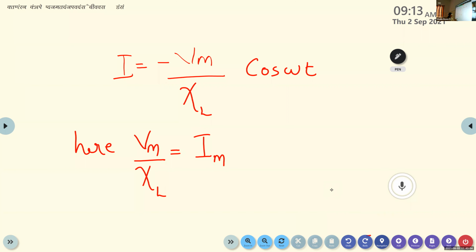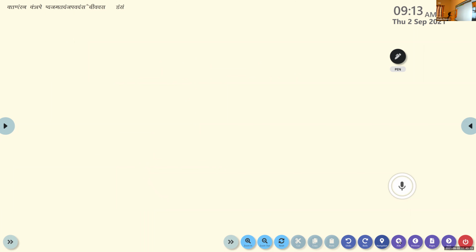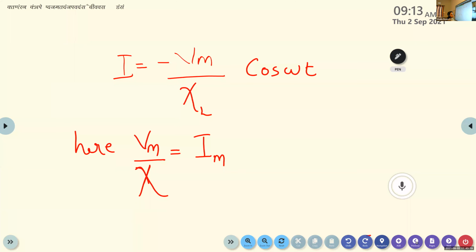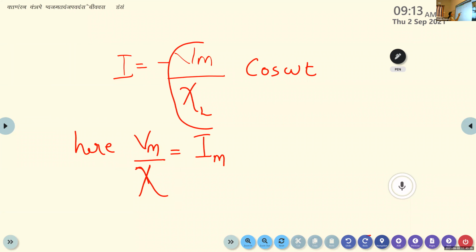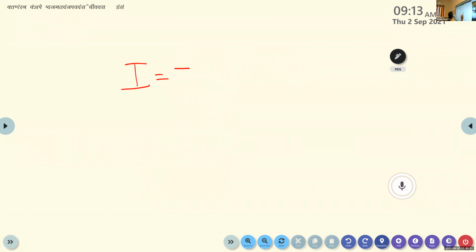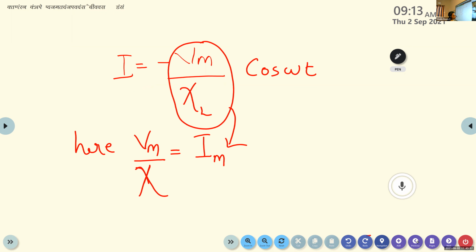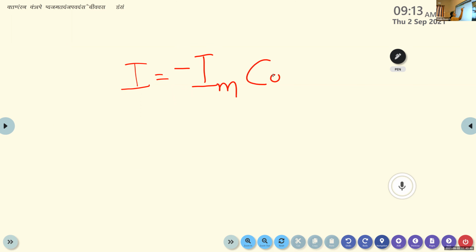Then the expression for current becomes I is equal to minus, instead of this Vm by XL, we can substitute this value of current Im, minus Im, and what is the remaining term? Cos omega t. I is equal to minus Im cos omega t.